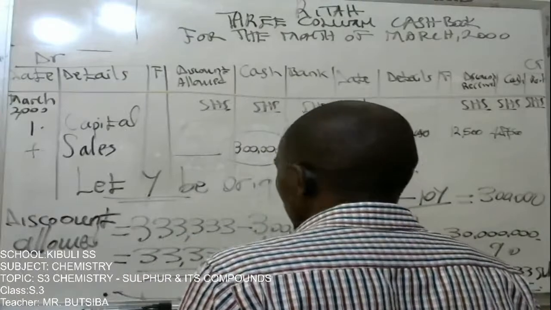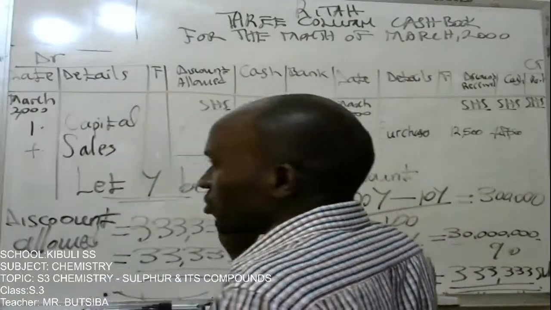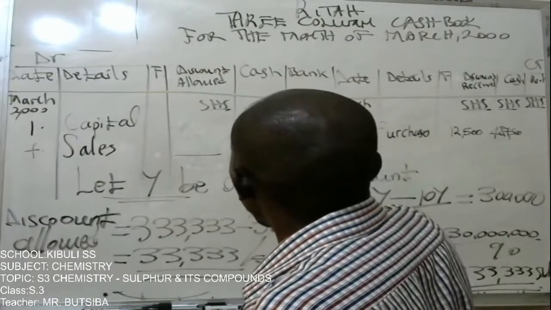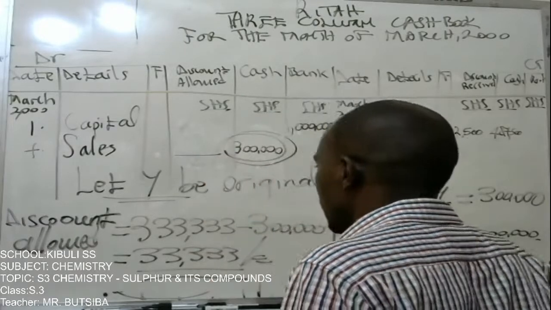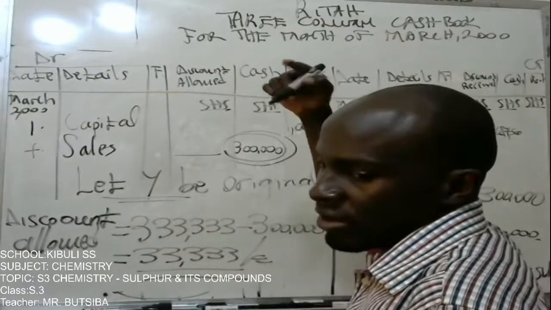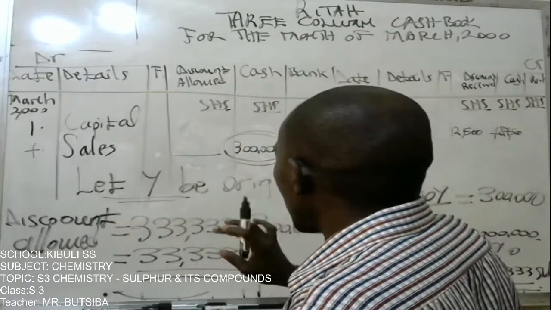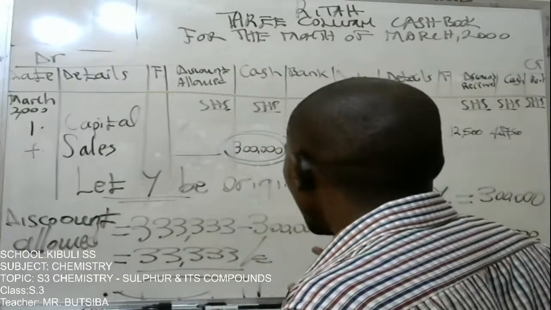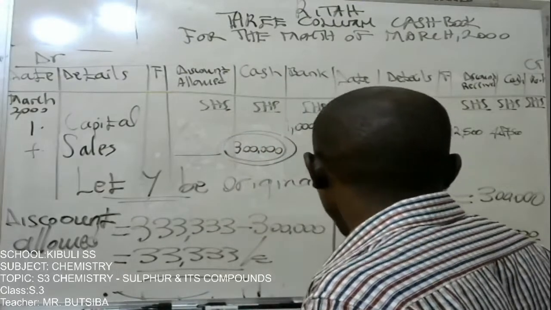So you are likely to meet such questions where they have not given you the actual original amount, but they give you the amount you received after deducting. So you need to derive the original amount so that you can come up with the actual value of the discount allowed. So you can use this formula.